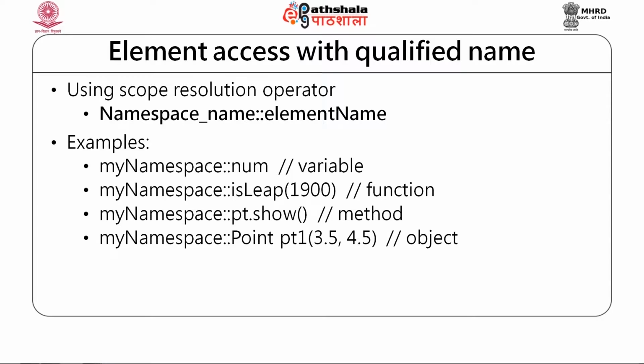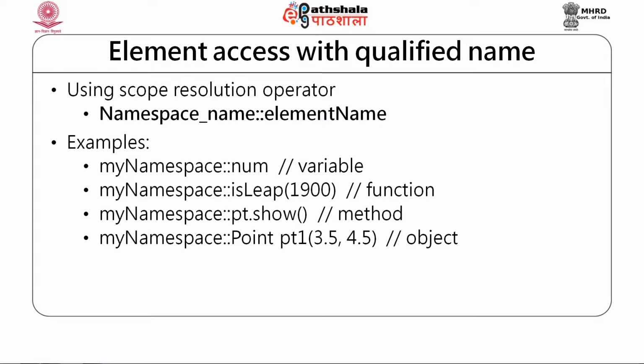So, let us see this example first of all, how we can use the element with the fully qualified name using the scope resolution operator. The syntax is namespace name::element name. The examples are MyNamespace::num. Here we are accessing the variable. To use the function, we can use MyNamespace::isLeap.